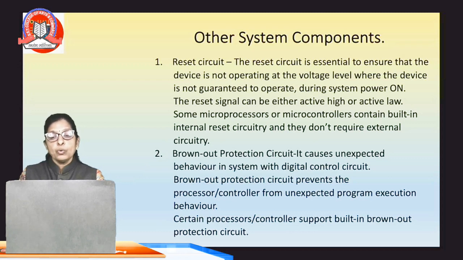The brownout protection circuit prevents that unexpected behavior; it prevents the processor or controller from unexpected program execution. That is the purpose of the brownout protection circuit. Certain processors and controllers support a built-in brownout protection circuit.